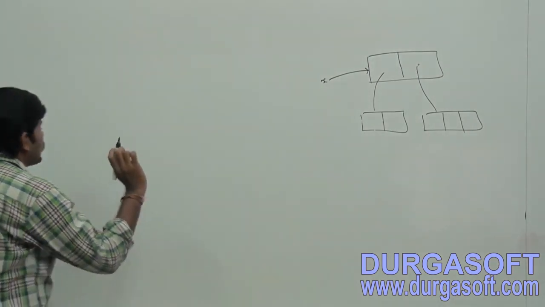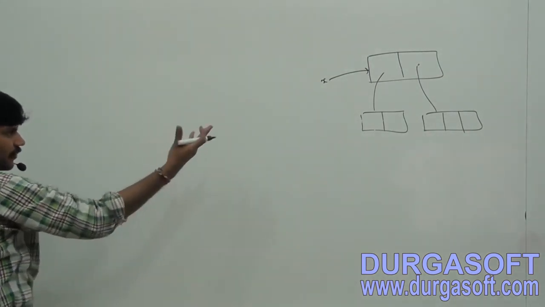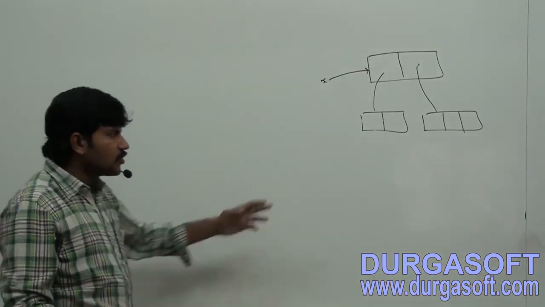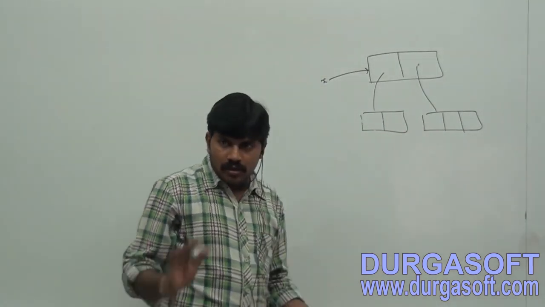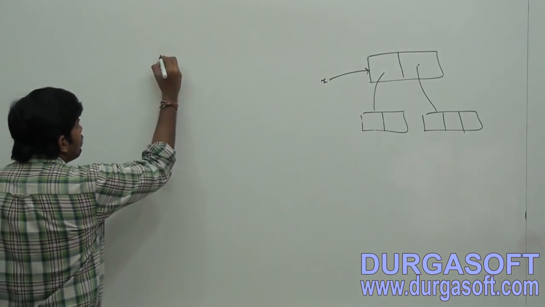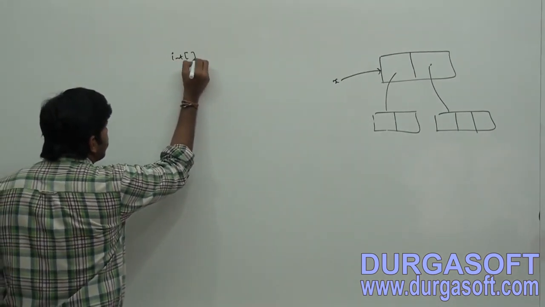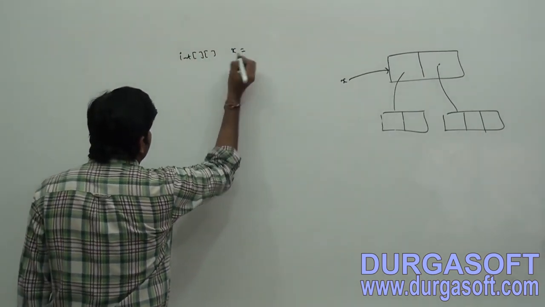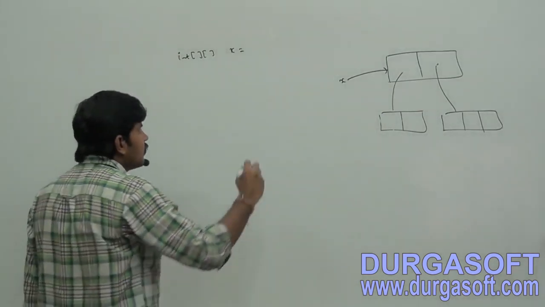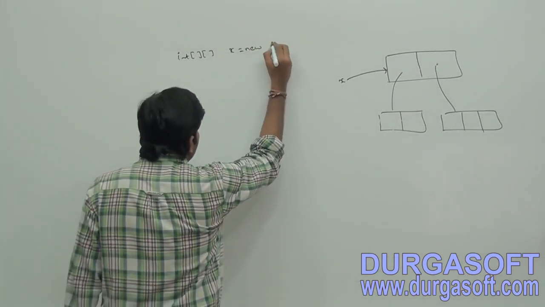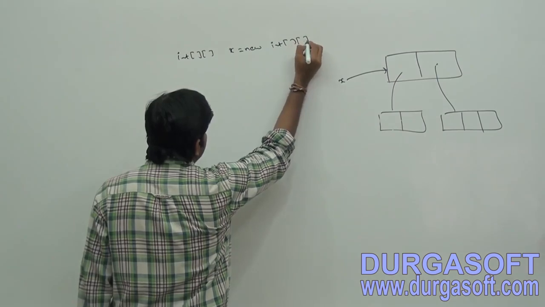How to create it? Simple. Write Java code for this. How can we write Java code? Because sometimes 2, sometimes 3, you may have the doubt. Simple: int 2-dimensional array x is equal to new 2-dimensional array.